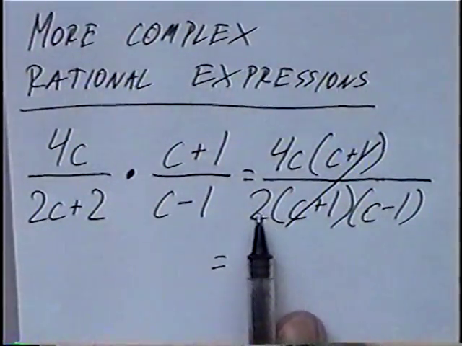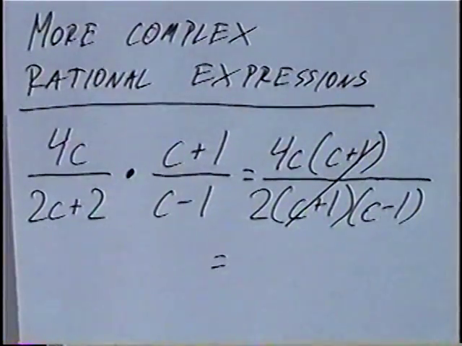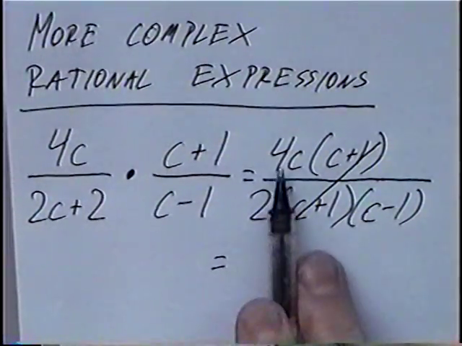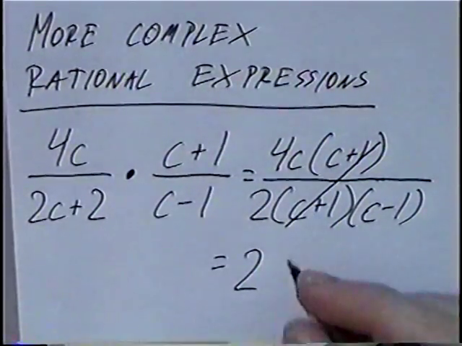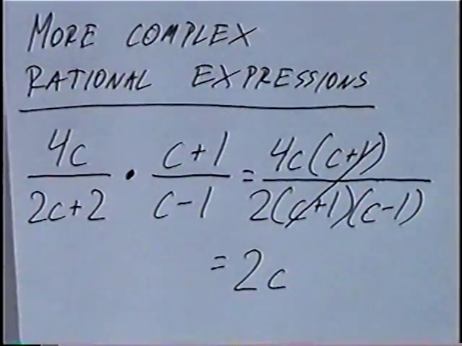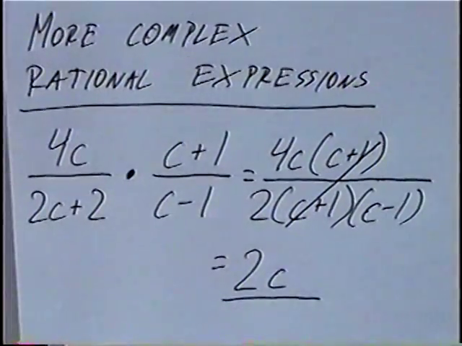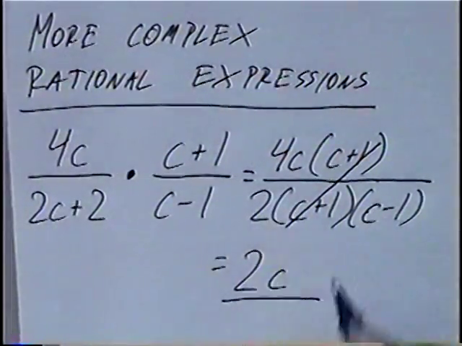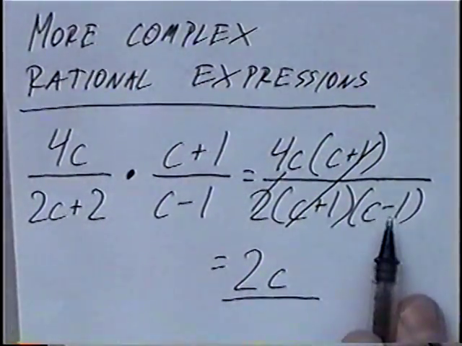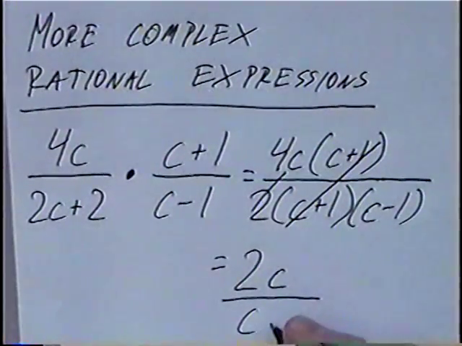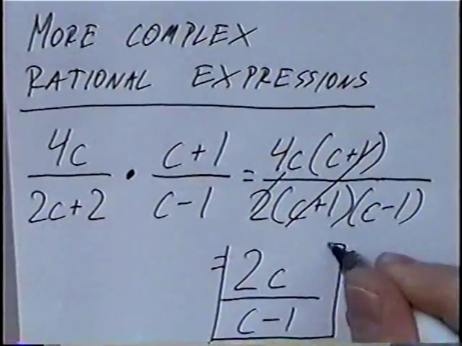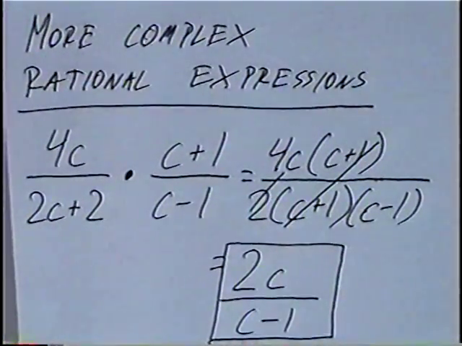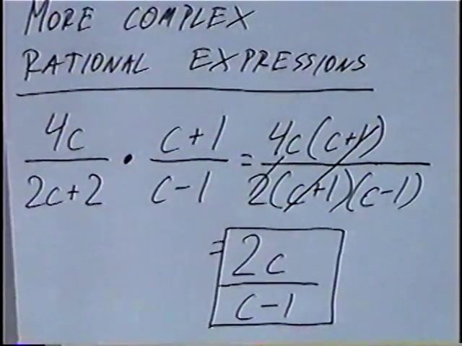We have the coefficients 4 over 2, or 4 divided by 2. 4 divided by 2 will be 2. We'll have a c left over in the numerator. And the fraction line, the 2 again, we divided. And we'll be left with c minus 1 in the denominator. So after multiplying, factoring, and reducing, final answer would be 2c over c minus 1.